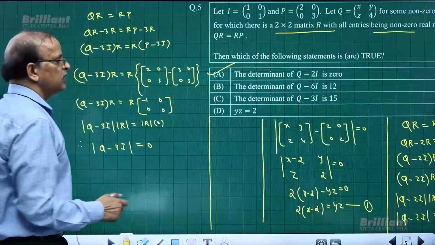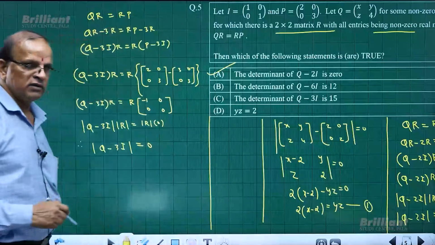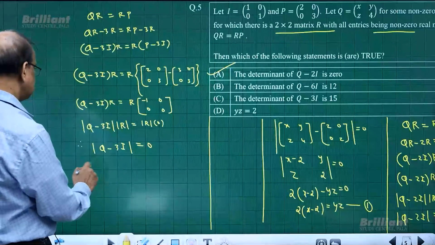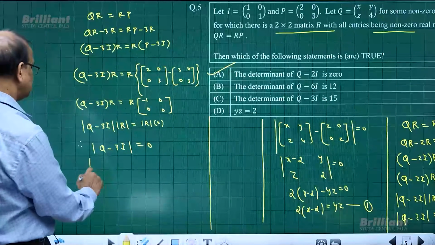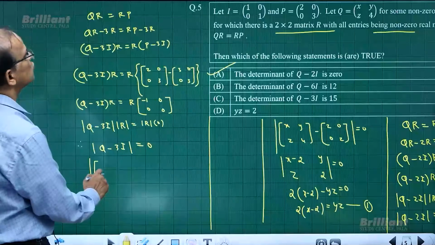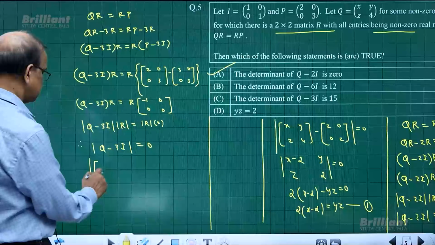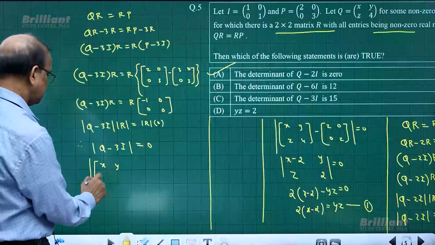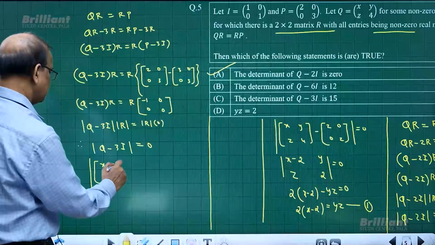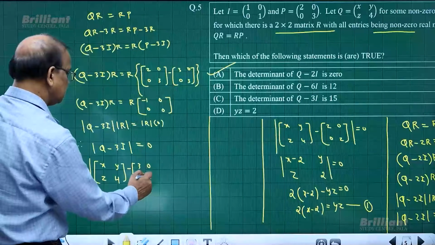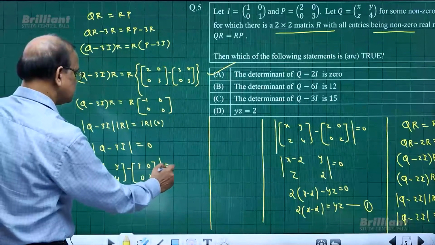But determinant of Q minus 3I is given as 15. Now we can check option D. It is more than 1. So this implies what? Determinant of Q minus 3I, where Q is x, y, z, 4, minus 3I, 3, 0, 0, 3, is equal to 0.